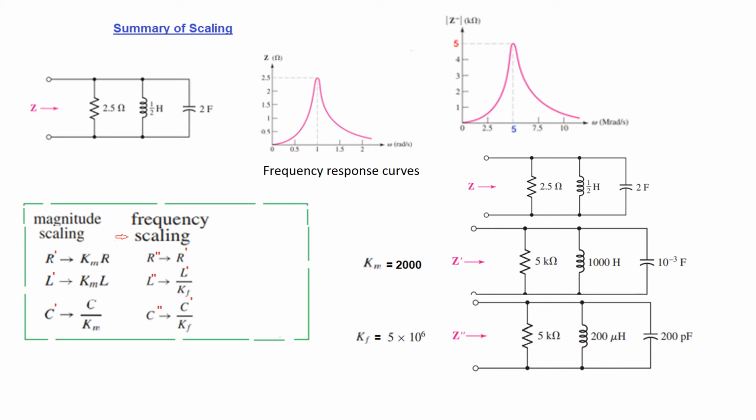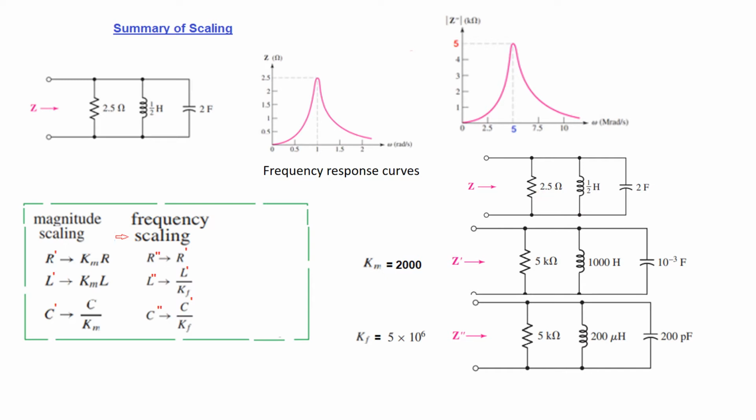Now what we want is that the amplitude of the impedance, instead of 2.5 ohm, should be 5 kilo ohm. Similarly, this cutoff frequency or corner frequency, instead of 1 radian, should be 5 megaradian. So we have to scale both in magnitude and in frequency.